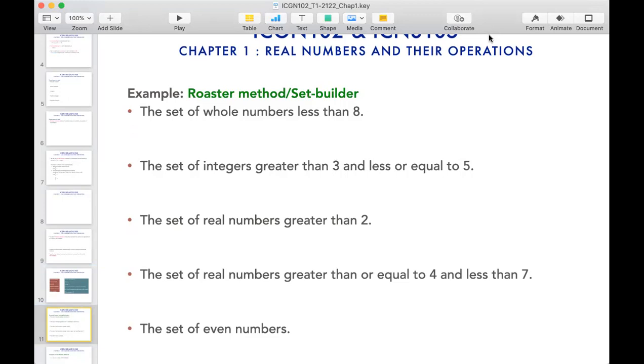For the next slide, we have 5 examples altogether. I give you 4 minutes to do that. Let me assign the students to help.